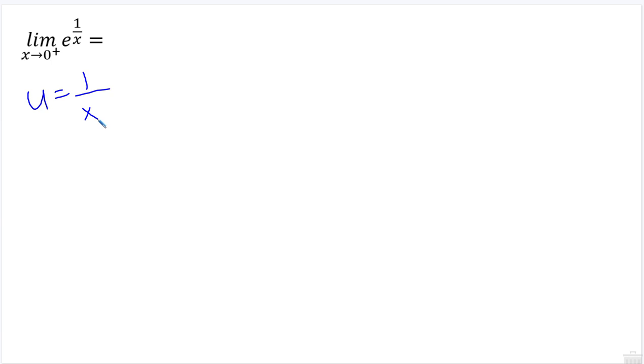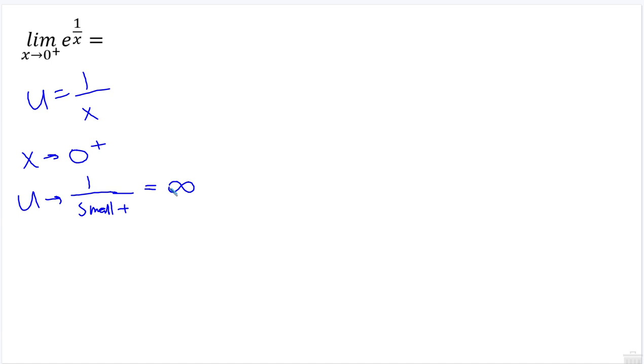And then, as x goes towards 0 from the right-hand side, that means we're plugging in very small positive numbers for x, which means this becomes 1 over a very, very small positive. Well, 1 over a very, very small positive is a very large positive. So u is actually going to be approaching infinity.